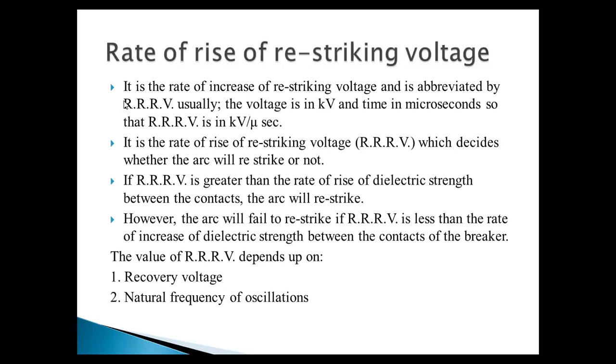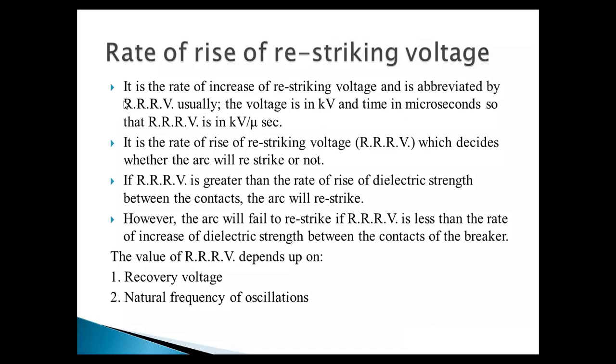After that, we have seen the rate of rise of restriking voltage, that is the RRRV. We have seen the restriking voltage and how it is increasing. If the dielectric strength of these particles increases, then the RRRV will also be more.